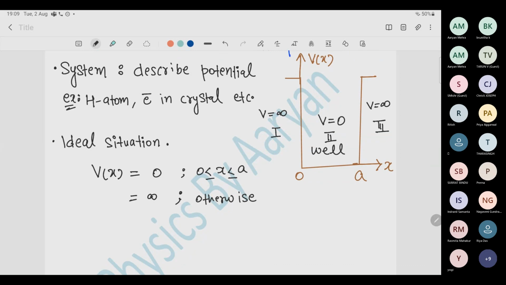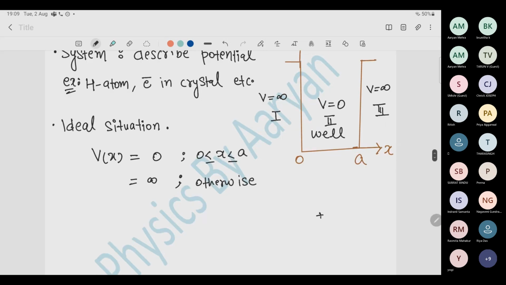Now you can see a very similar situation in terms of electrons in a conductor. Let's try to see. You have an atom, you have a valence electron. We know that this valence electron is very loosely bound to the nucleus, so the potential is almost zero.